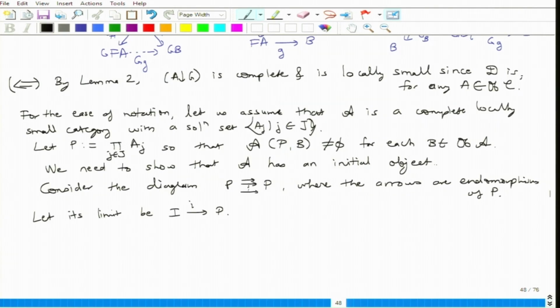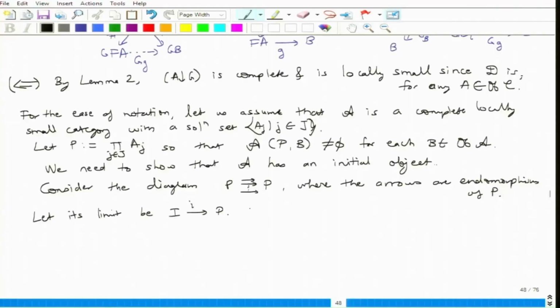Similarly, this one will also be a monomorphism, because if you have two morphisms with target I such that I composed with f is equal to I composed with g, then you go through this diagram, and that will give you two different factorizations through the limit cone, and uniqueness of the limit will give you the result. So clearly little i is monic.